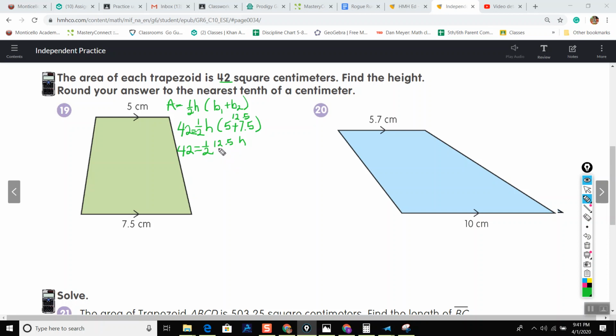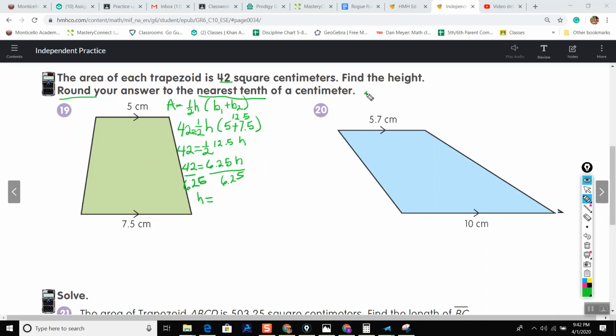Just rearranging. So half of 12.5 gives me 6.25. H, divide both sides by 6.25. And I come up with a height. And remember, you're rounding your answer, round to the nearest tenth.